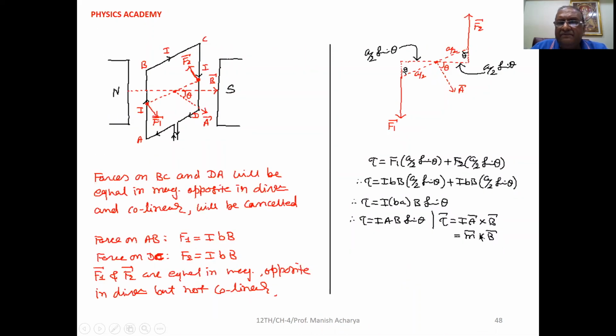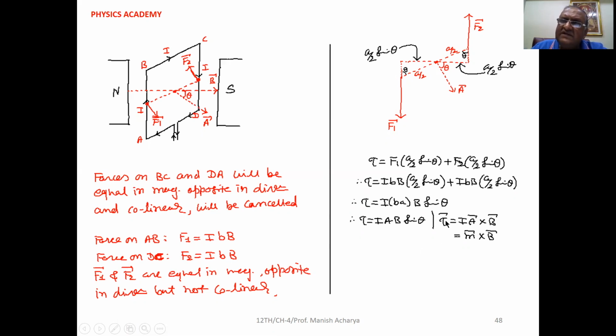Now see here, actually this particular theory, if only this one is given to you, then easily you can understand the previous one. See, at present in this theory, the coil is placed in such a way that the angle between area vector and magnetic field is theta. So we derived this equation.